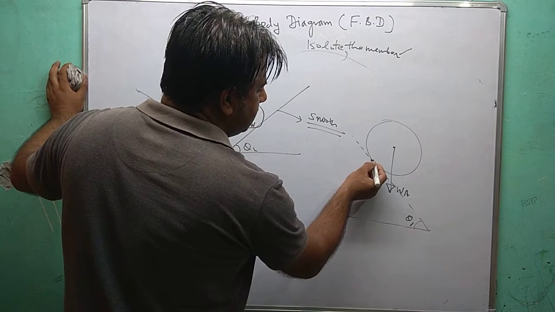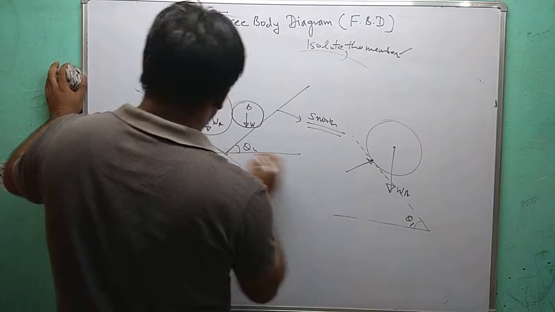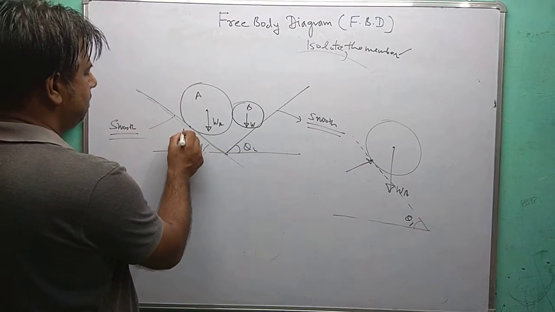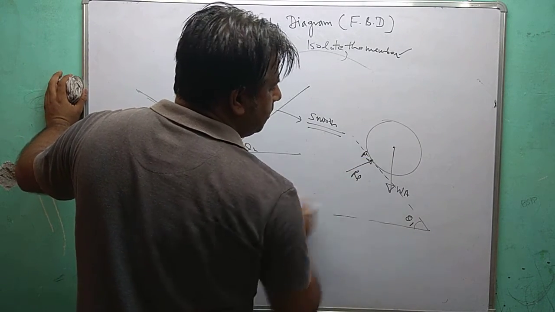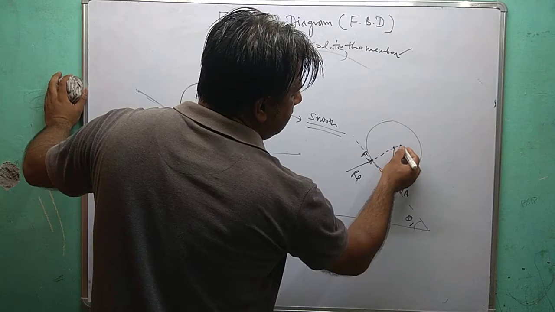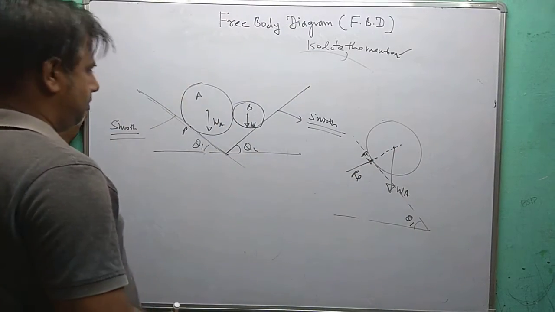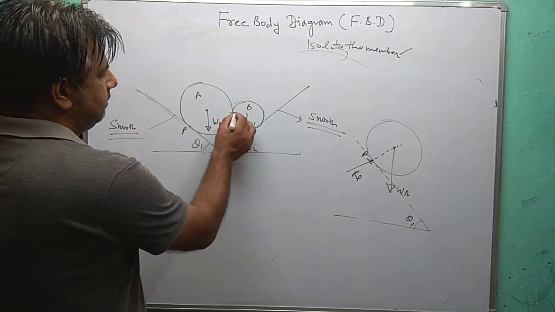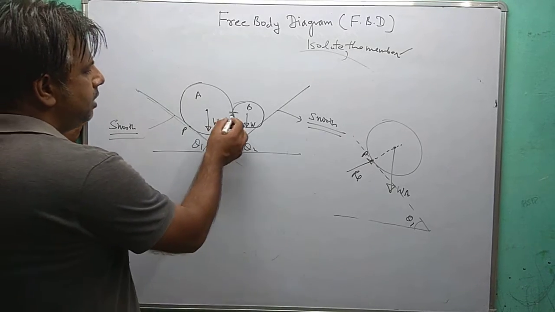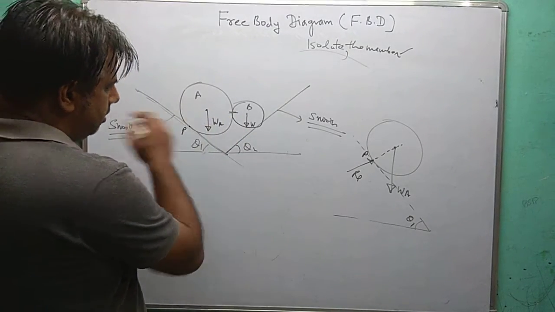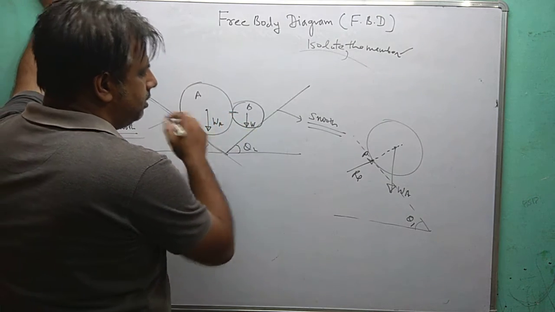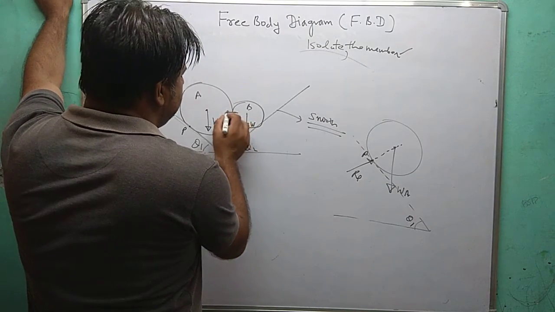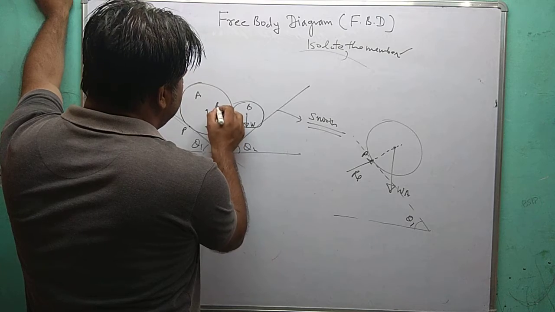Then support reaction R. Suppose this is my point P, and it will pass through the center of this body. And here we have an interaction. So here we have a normal, here we have an action and reaction. Okay, action and reaction. So this is my R and R.